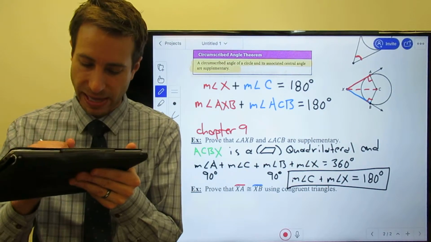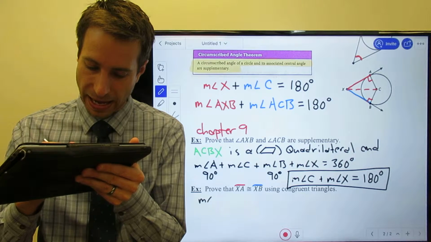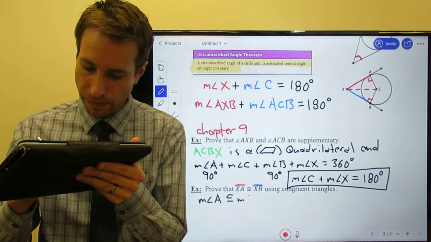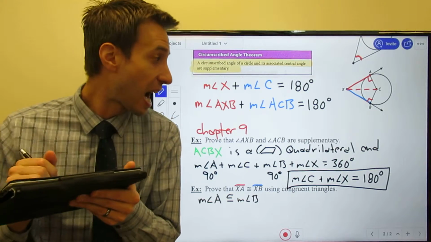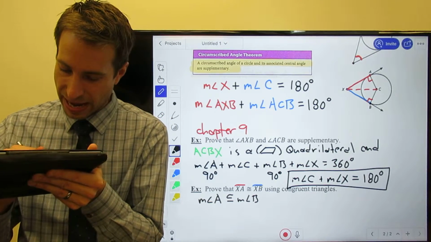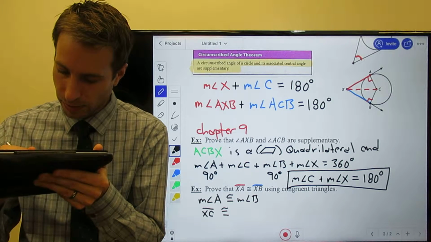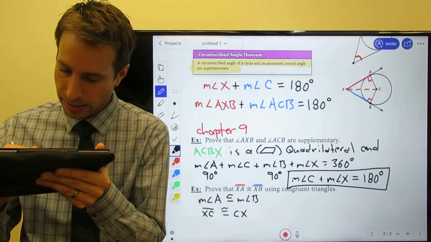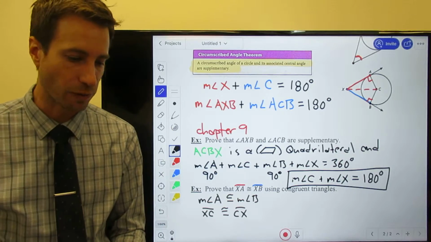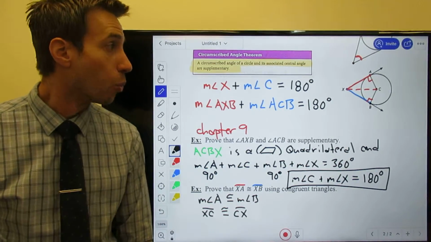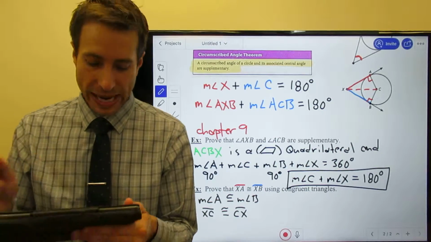So I know a couple of things. I know that the measure of angle A is congruent to the measure of angle B. I also know that XC is congruent to CX. That's what I know so far. Then what else do I know? Well, I know, right, radiuses.